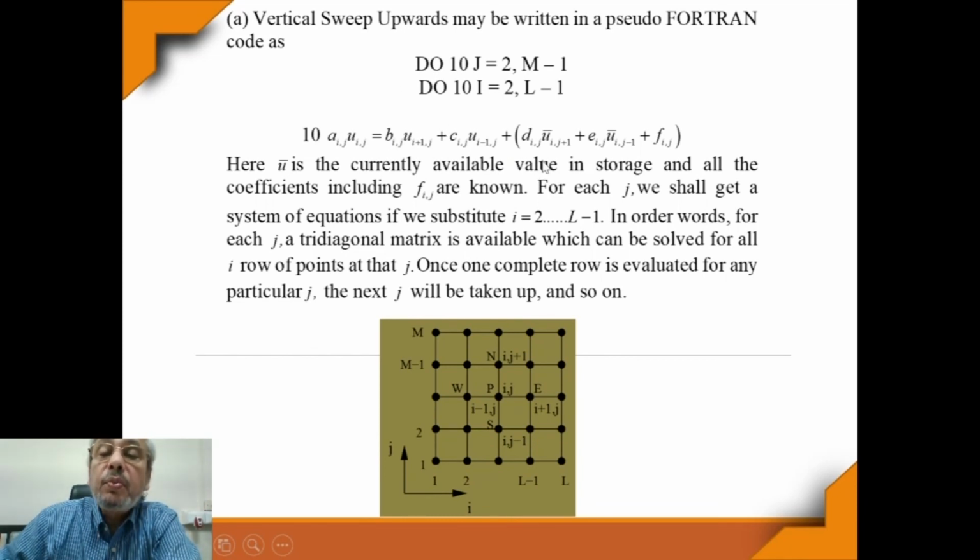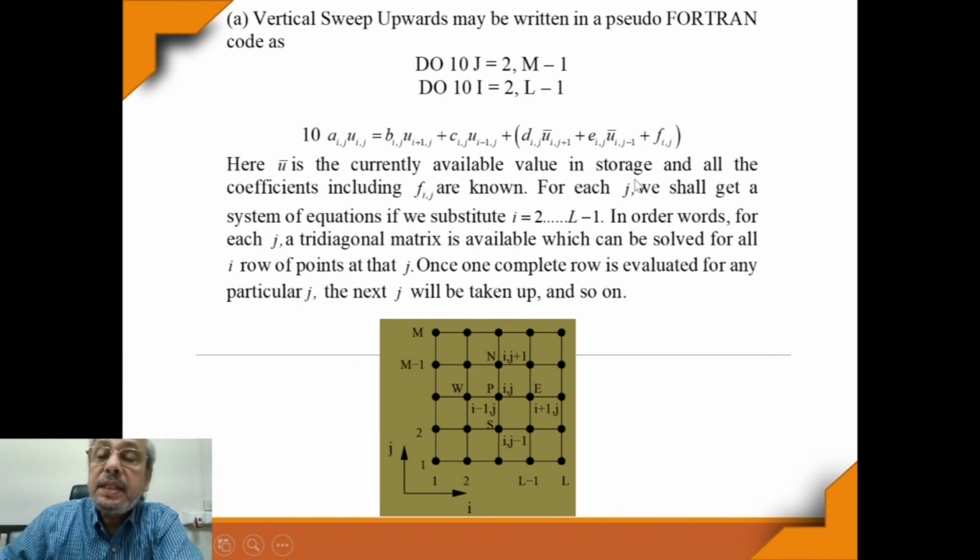setting this loop, these barred quantities, u bar, are the currently available values in storage, and all coefficients including fij are known. So we'll assume j plus 1, j minus 1, fij are known. We are varying in i.